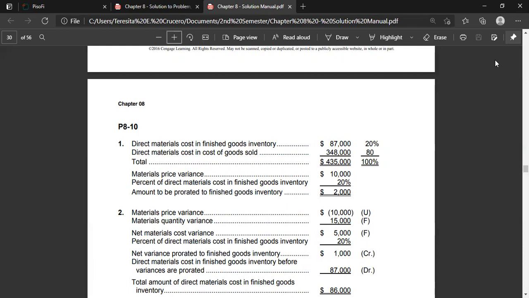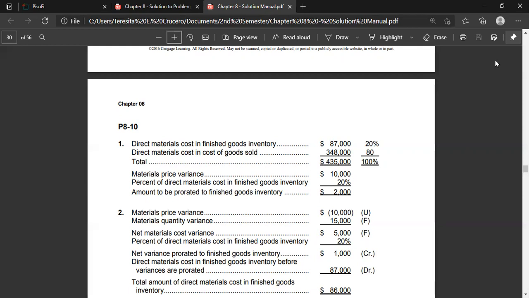Variances associated with direct materials are prorated based on the direct materials balances in the appropriate accounts, and variances associated with direct labor are prorated based on direct labor balances in the appropriate accounts.